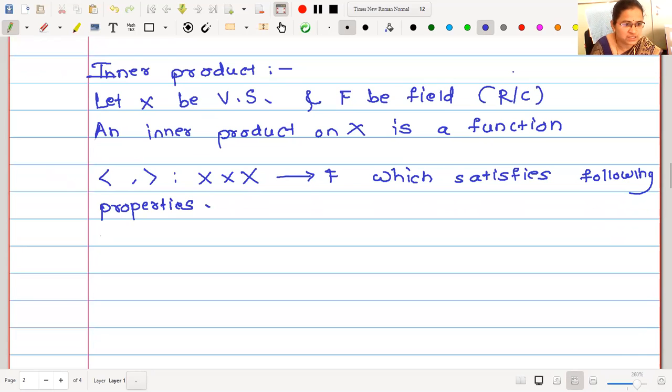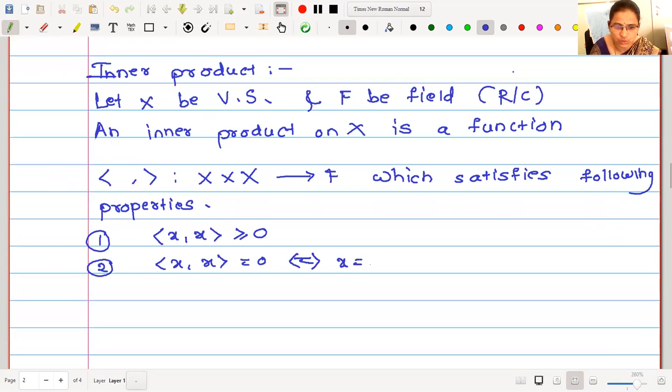The first property of an inner product: inner product of X with X is greater than or equal to 0. The second property: inner product of X with X is equal to 0 implies and is implied by X equals 0.